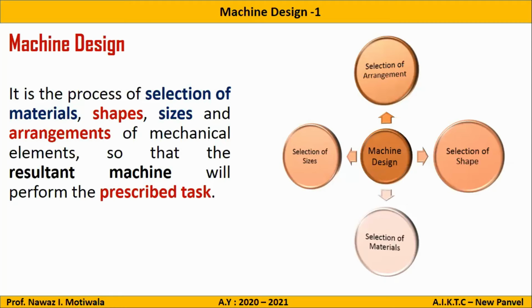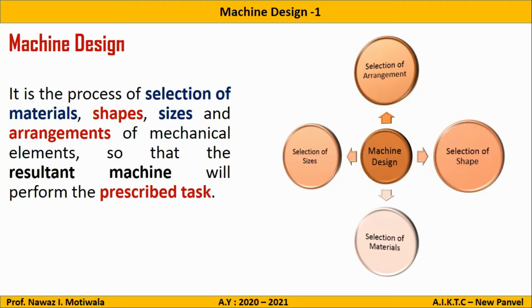Whatever we want from the machine, it should be able to do that, but by selection of material, shape, size, and arrangement. Any doubts in machine design definition? No, sir. Okay, so let us move forward with this.